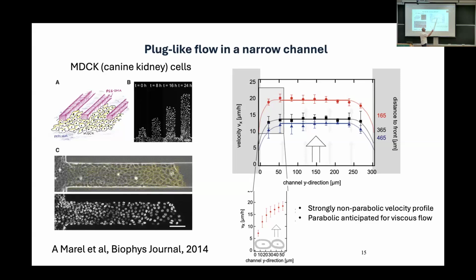You have almost no velocity dependence, a flat velocity profile, and then narrow boundary layers, which would be consistent with a solid with slightly melted boundaries. For a fluid, you would anticipate a parabolic velocity profile. Here, your velocity profile is like plug flow. So it's strongly non-Newtonian.